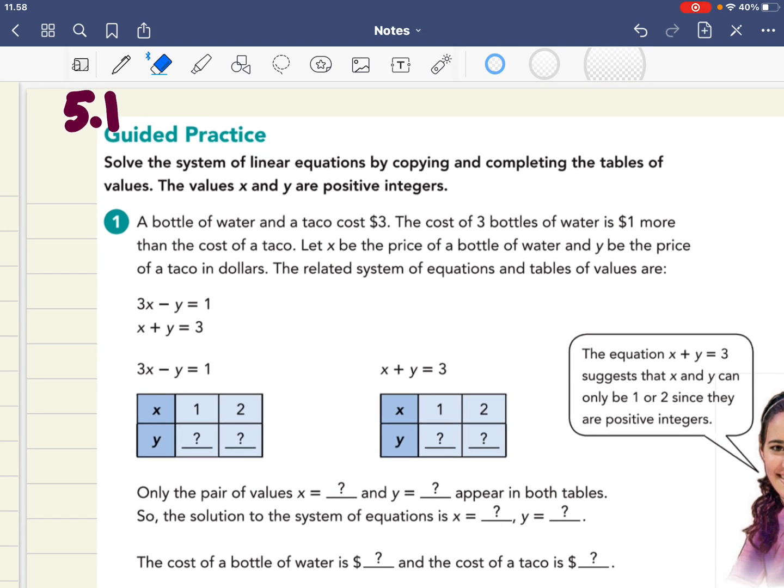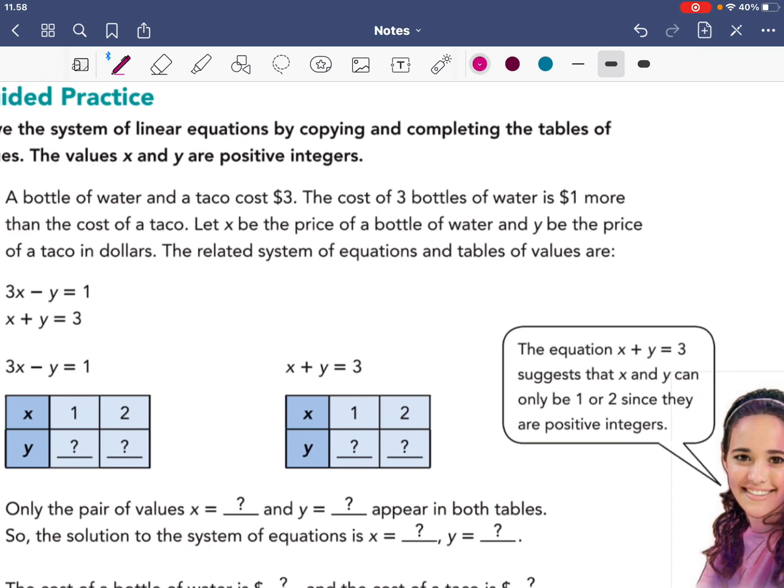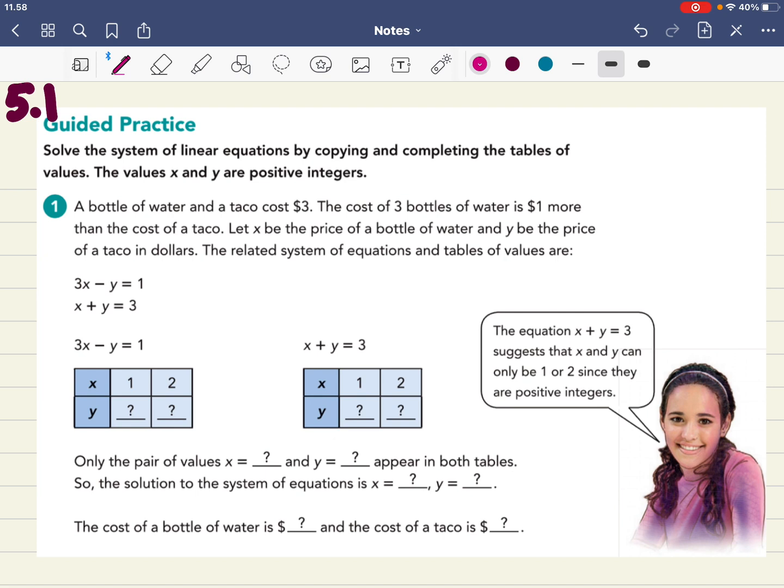So let's back up a bit. What I want you guys to do when you see word problems like these, I want you to do this step by step. First step, identify the variable.